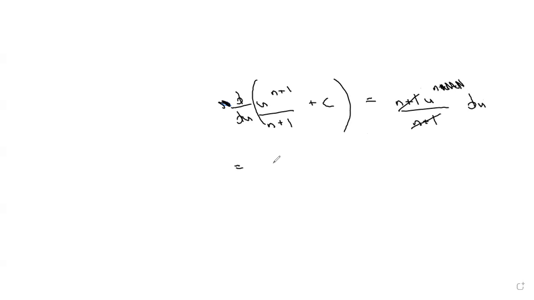And surprise, surprise, you end up with u to the n du. Ta-da! So we've just proven that, yes, indeed, that original derivative formula we looked at is the opposite of this integral formula. I always like to establish the internal logic of what we're doing rather than taking it for granted.